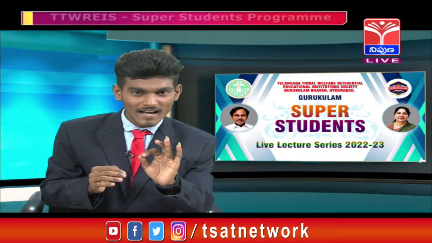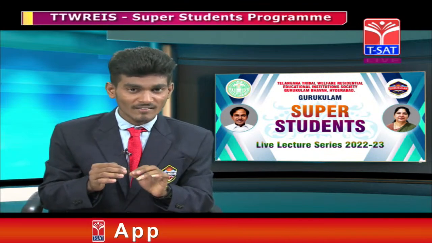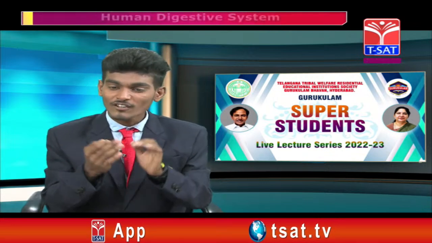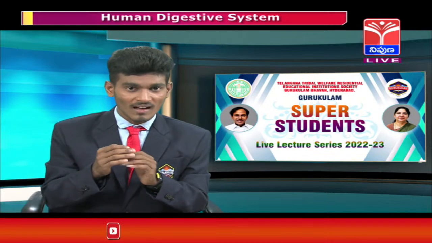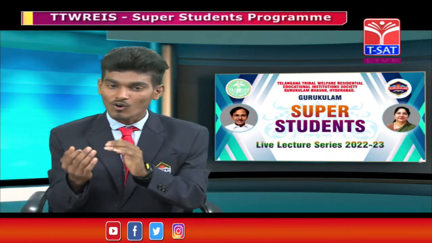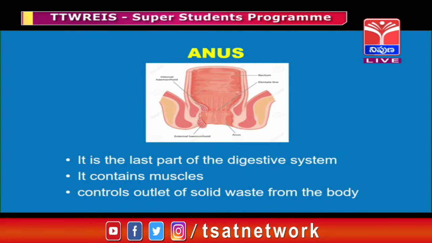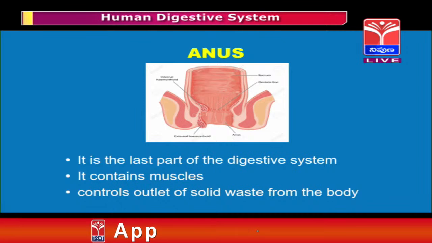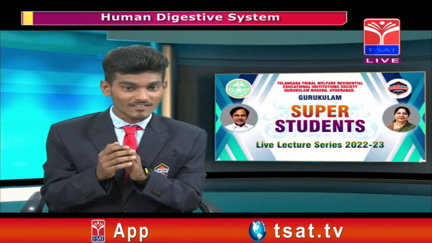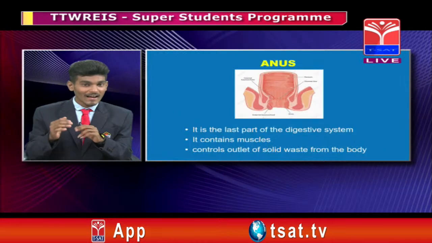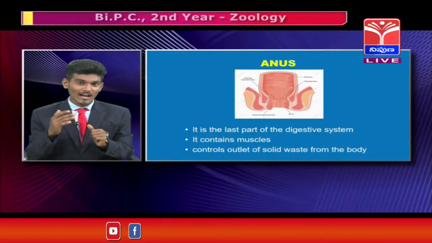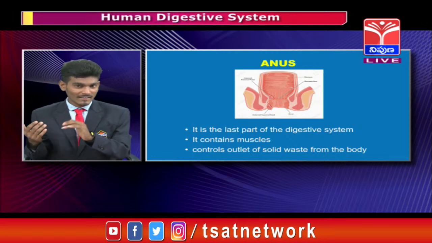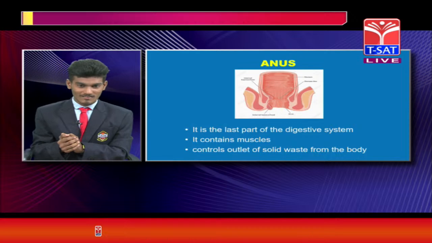The voluntary muscle holds it, and after completion of the work, we go to the washroom, and the anus excretes the waste materials. With the help of these two muscles, smooth muscle and voluntary muscle, the waste materials are excreted.